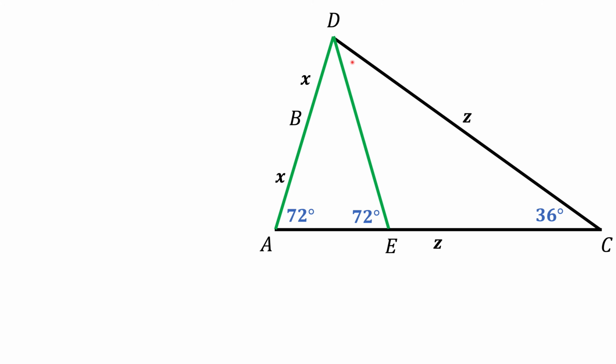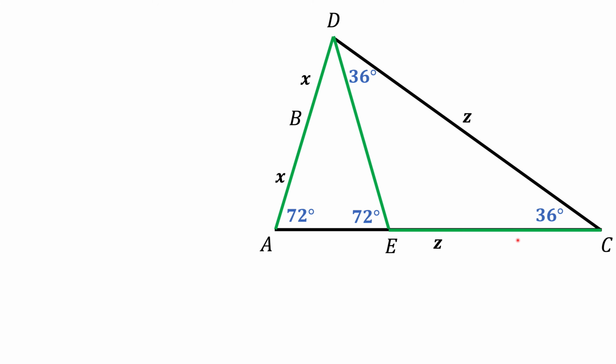So angle EDC should also be 36 degrees. Now in triangle EDC, we have two angles of 36 degrees, so this is an isosceles triangle, and that means that DE should be the same length as EC.